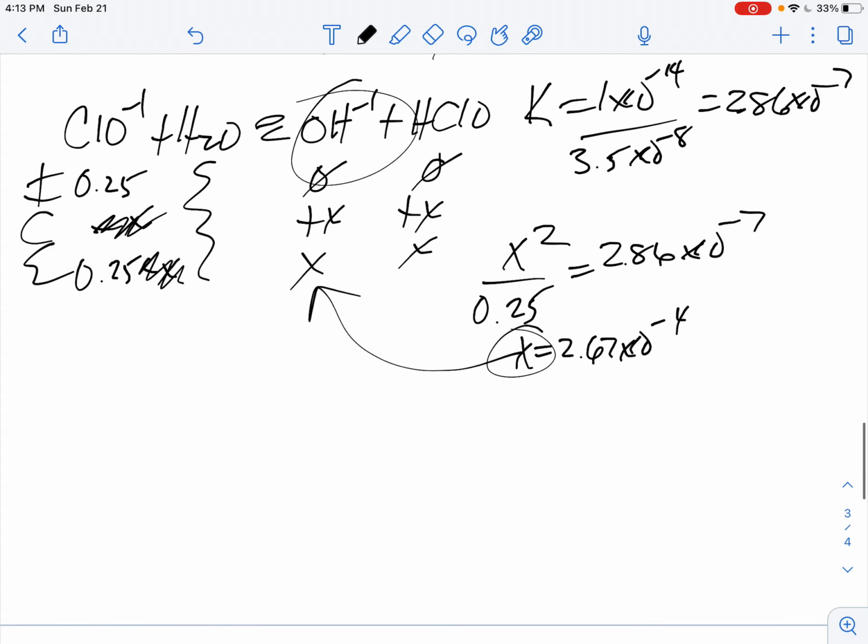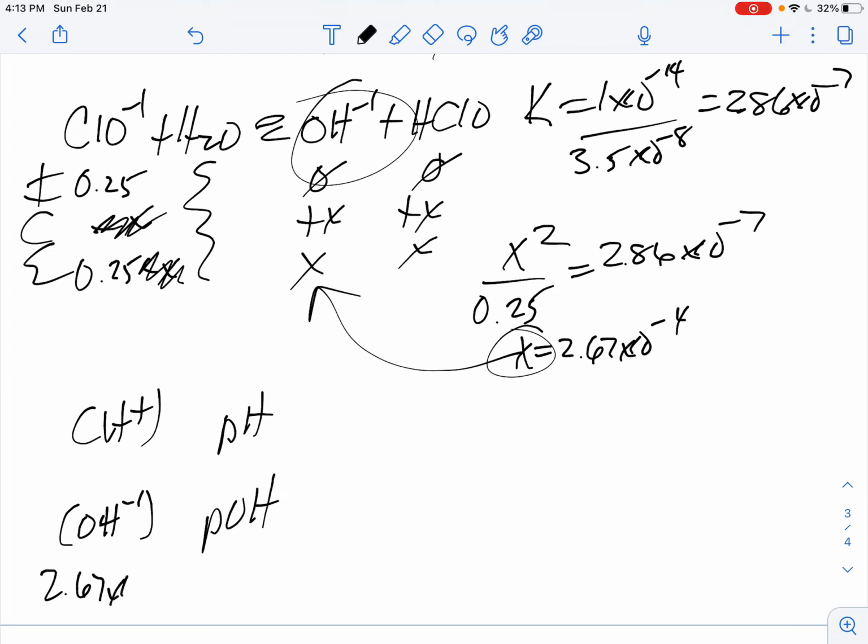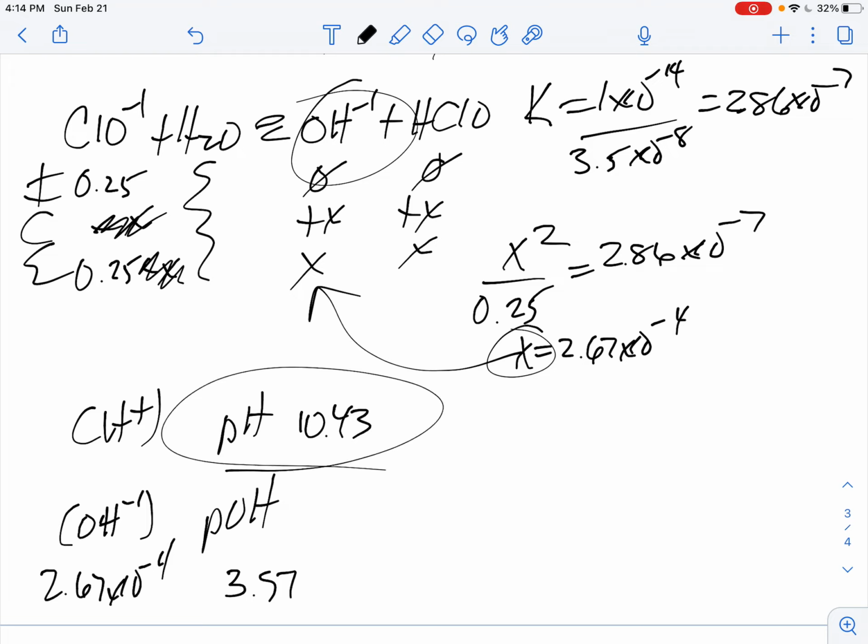So in my pH square, where I have H positive, OH negative, pH and pOH, this is 2.67 times 10 to the negative 4th. I'm going to go ahead and logify that, so log that answer, and I end up with a 3.57 for my pOH, and then add that to 14, and I end up with a 10.43 for my overall pH, which again makes sense because it's in the basic zone.